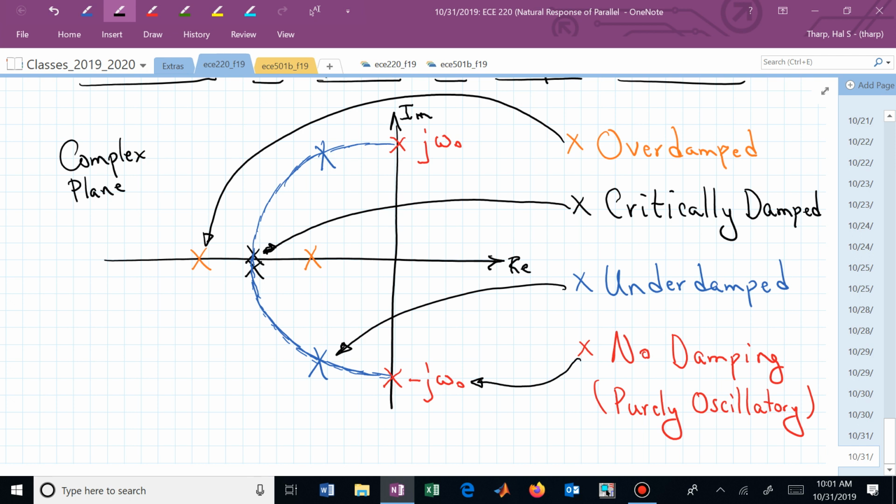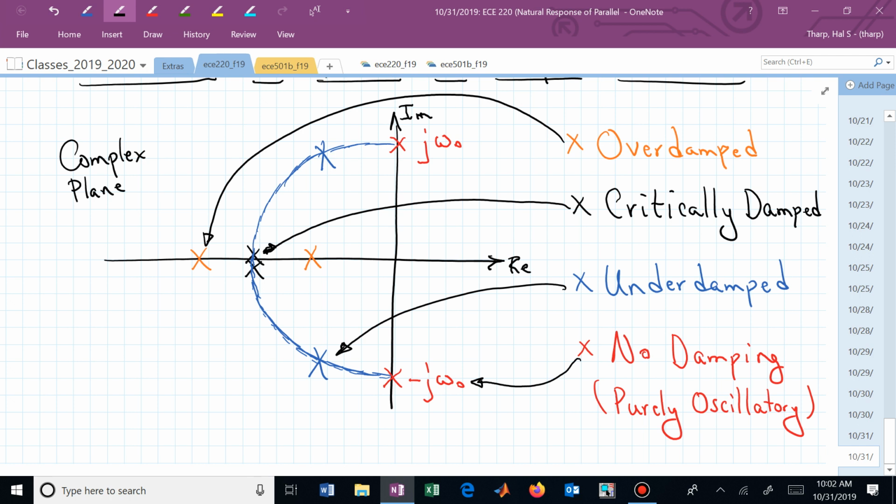The more vertical distance we have, the faster our oscillating frequency. As that blue X, or value of S, goes from purely imaginary all the way down to critically damped or real, do you see that the real component is getting bigger than the imaginary component? And the imaginary component determines our, here's another word, damped frequency.